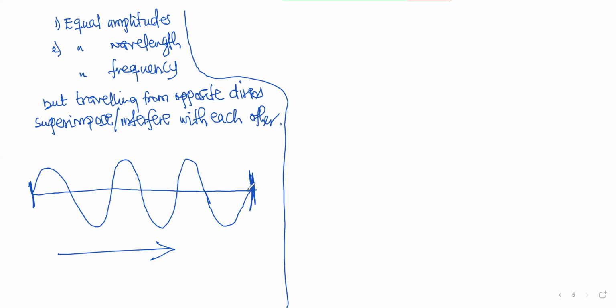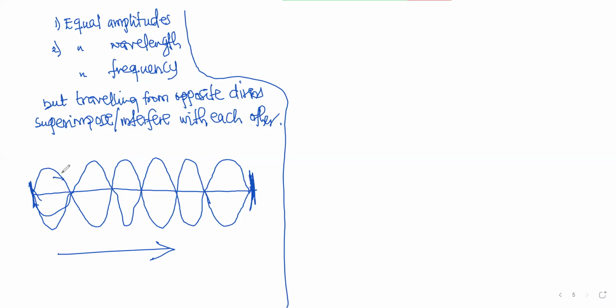When it hits the boundary, there is another wave whose amplitude is almost the same. So please, when you are drawing this, ensure that the amplitudes are almost the same.